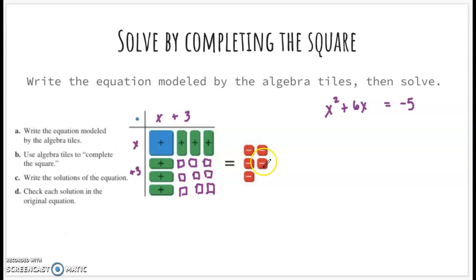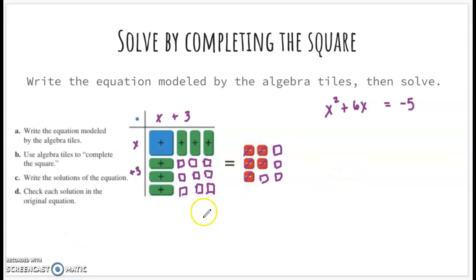But just like every other problem we've ever done, if you add something to one side of your equal sign, you have to add the exact same thing to the other side of your equal sign. Let's see here. So that would be 1, 2, 3, 4, 5, 6, 7, 8, 9.